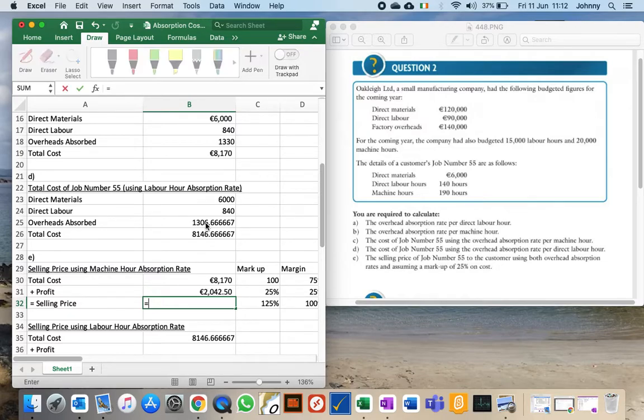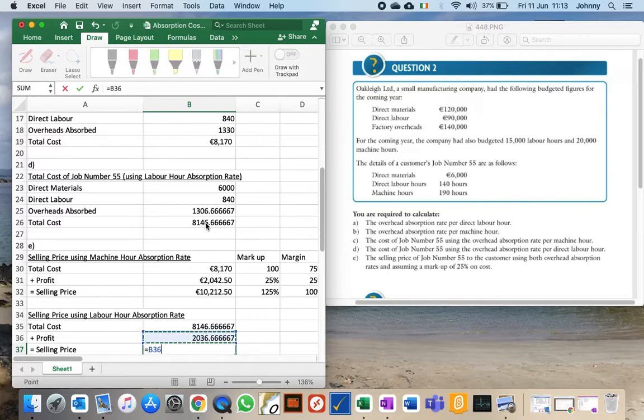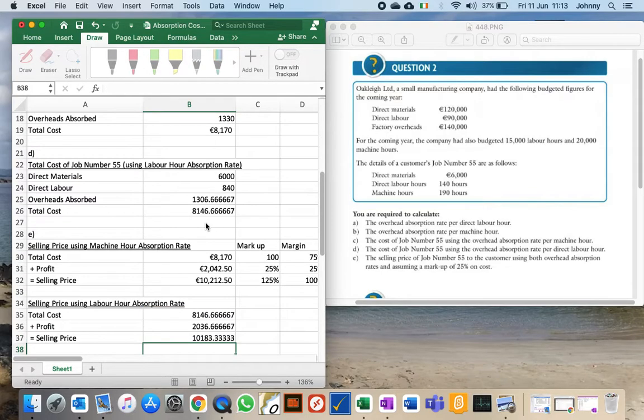So my selling price is going to be those two added together. If I do it using the labour absorption rate, the profit is going to be the total cost times 25% again, and we add those two together, and that will give me my selling price. So a slight difference in selling price, and all of that is because of the way we have absorbed our overheads.